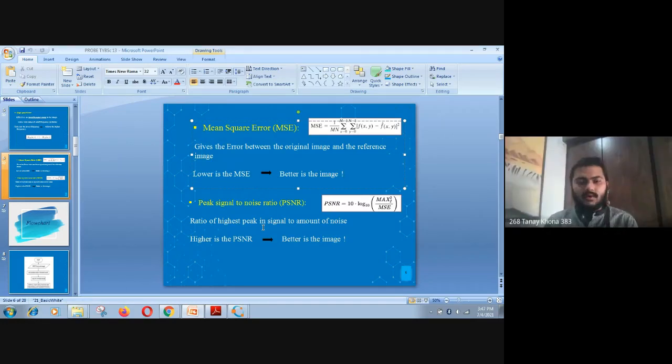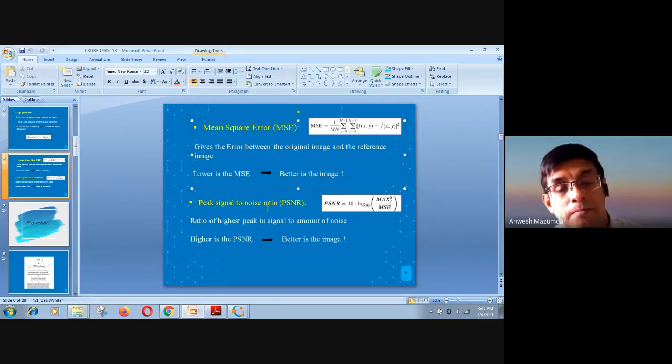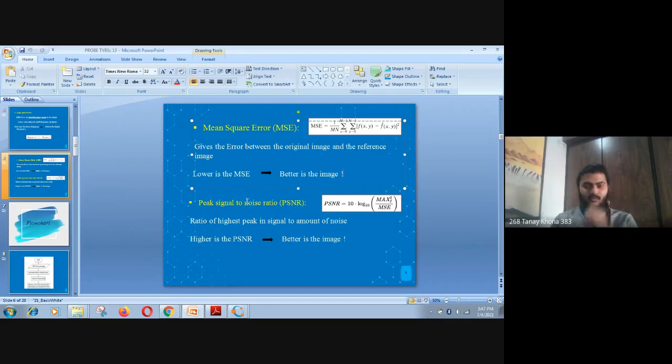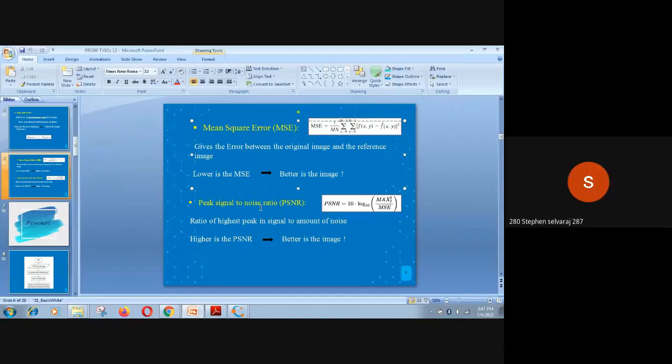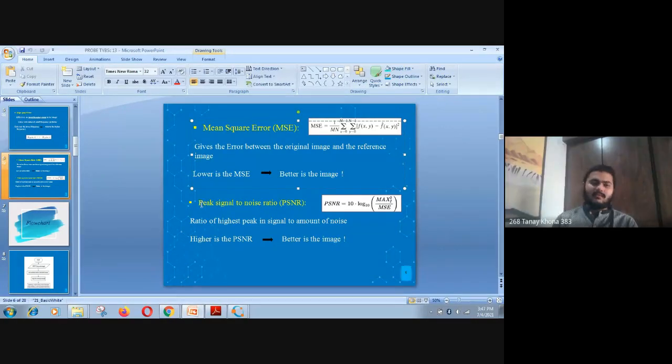Sir, I would like to add to it. During our project we found that MSE and PSNR values are not very reliable for all types of images. For 8-bit images it gives nice results, but even in an 8-bit image, if the contrast is very low or very high, these two values might not give proper results. We haven't checked that, but from the theoretical background I can say so.